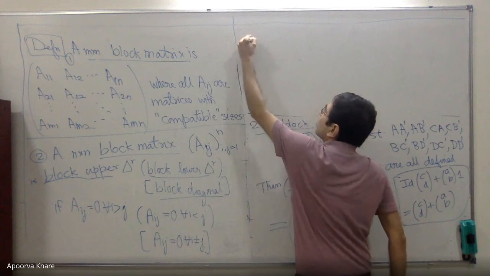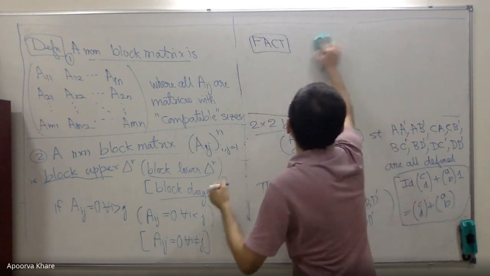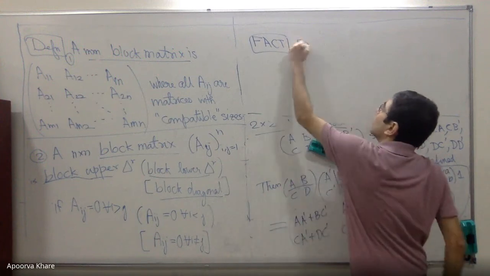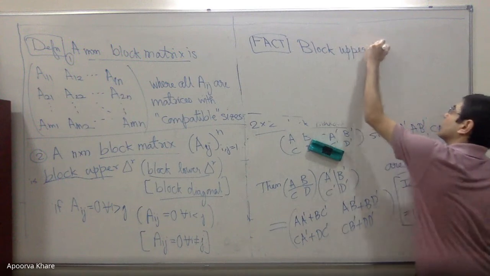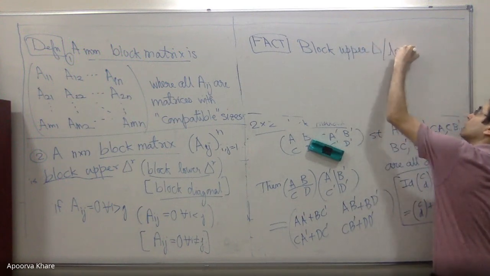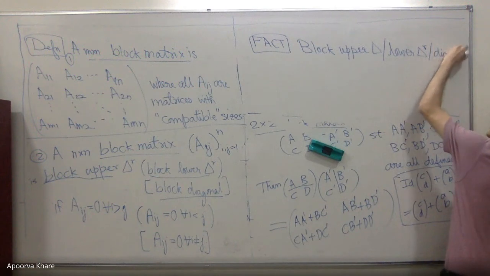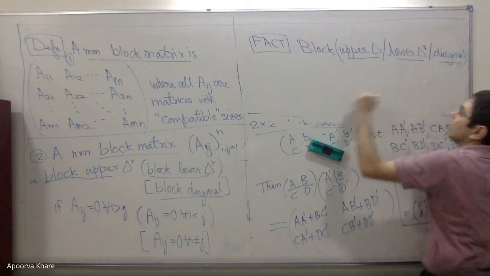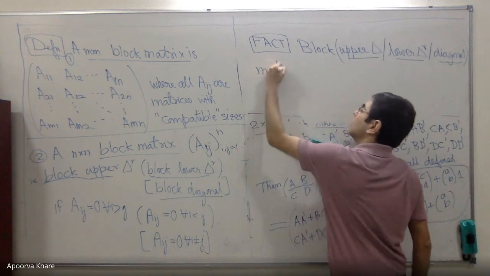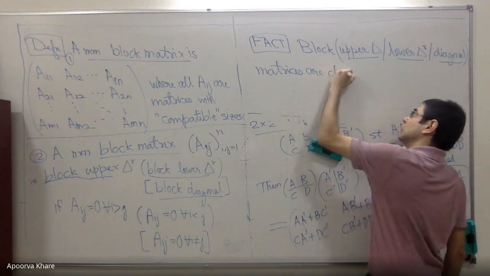Okay, so fact: block upper triangular or lower triangular or diagonal block matrices are closed under addition and multiplication, provided they have compatible block sizes.